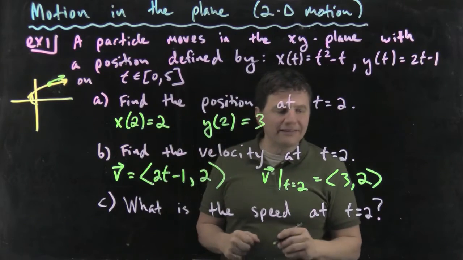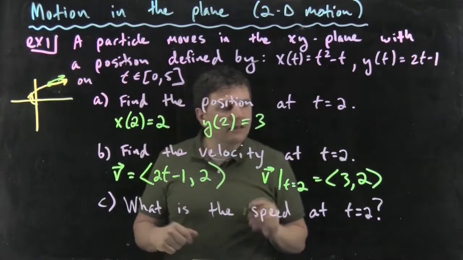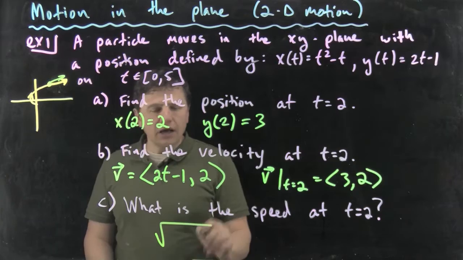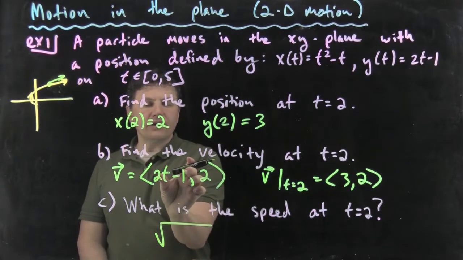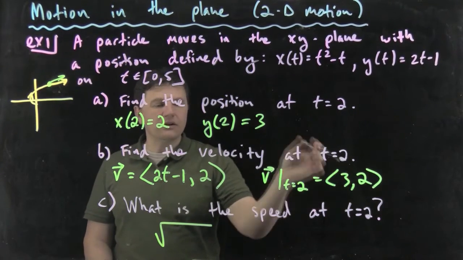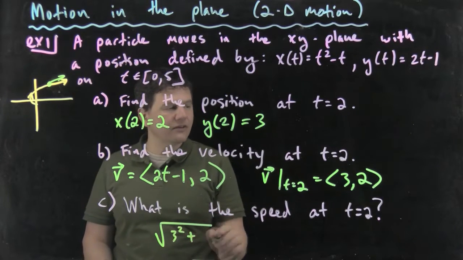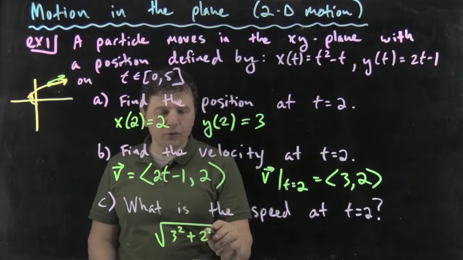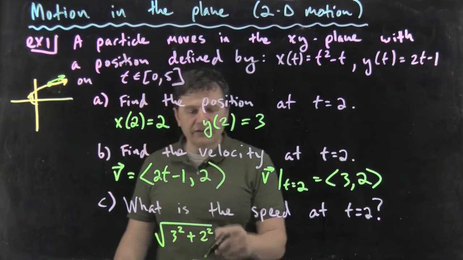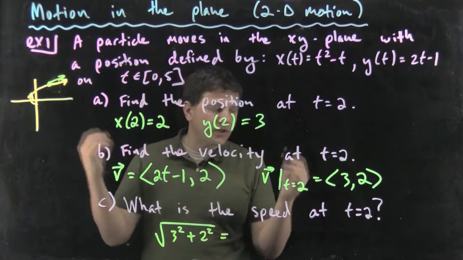What is the speed at t equals 2? The speed, the magnitude, is found by taking the derivative and plugging the value in, which is 3, and squaring it. So this will be 3 squared plus 2 squared. It really is just the distance formula, or you can think of the Pythagorean theorem.